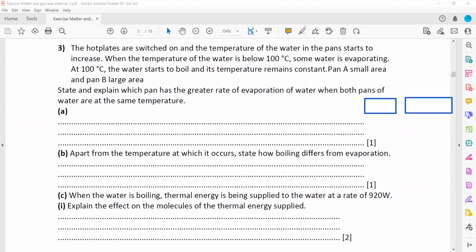Pan A has a smaller area compared to pan B, and they are filled with an equal amount of water. State and explain which pan has the greatest rate of evaporation when both pans of water are at the same temperature. In which pan will evaporation occur at a faster rate, A or B?